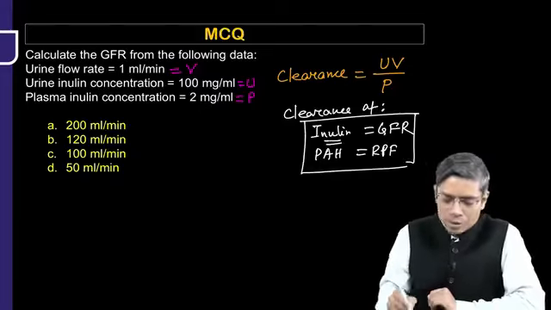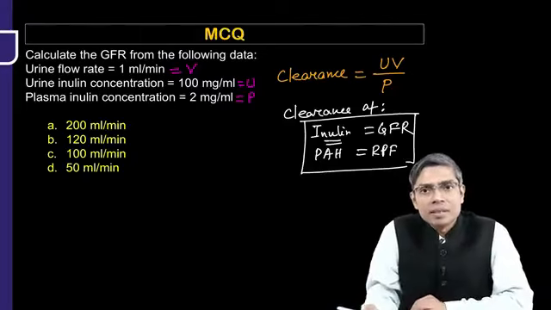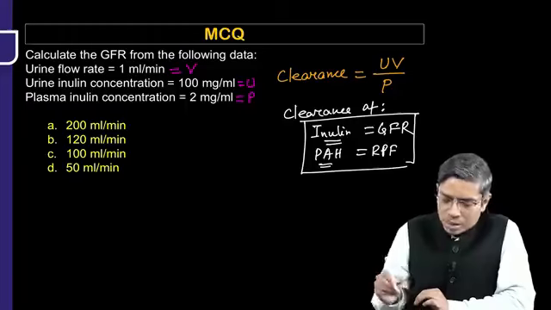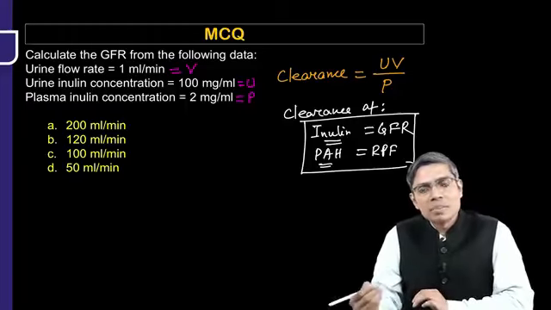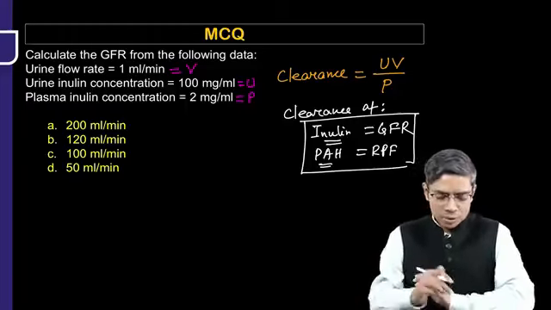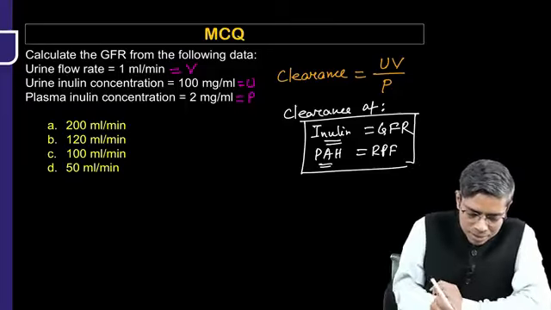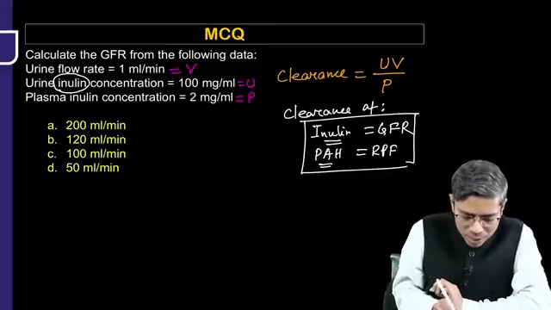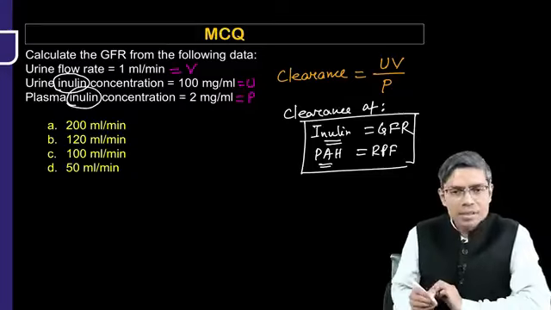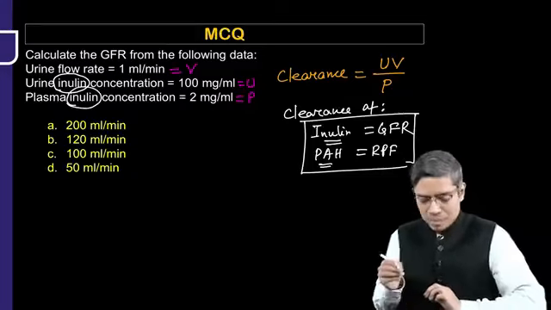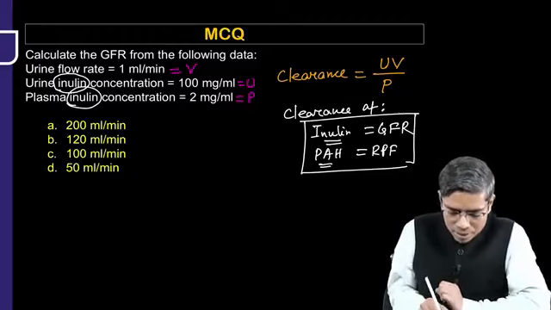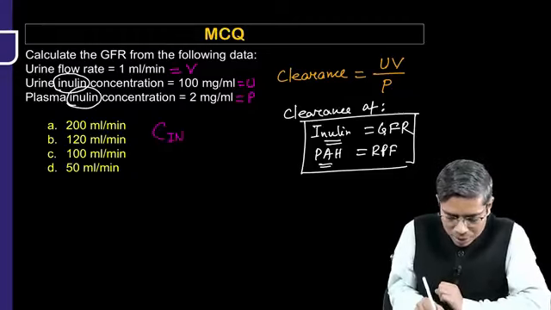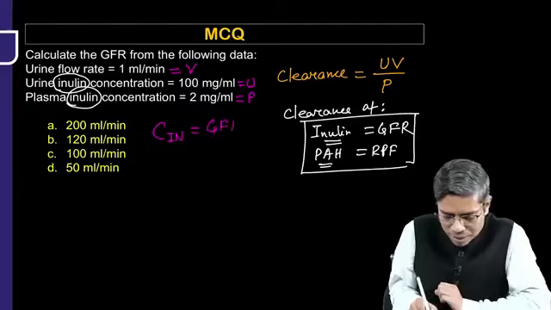Sometimes rather than inulin, we also use creatinine as a surrogate for GFR, but for calculation of renal plasma flow, clearance of PAH is used. Here the urinary concentration of inulin, plasma inulin concentration and urine flow are given. That means I have to calculate the clearance of inulin and I will get the GFR.